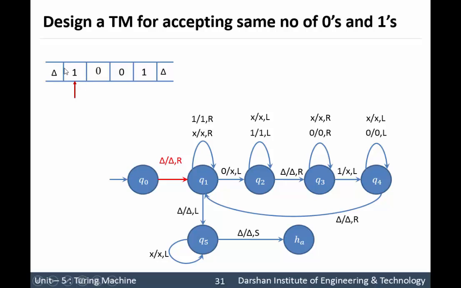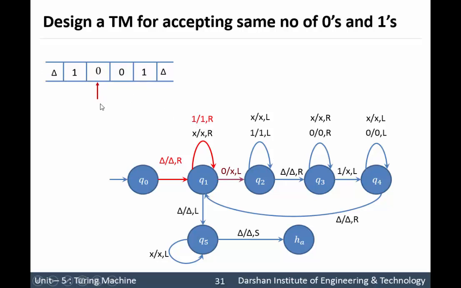In the right direction we have 1, but now we have to find the first leftmost 0. So we have to bypass this 1 and keep moving to the right. So 1 will be replaced with 1 and move to the right direction. In the right direction, finally we encountered our first 0. So according to our logic, we will replace our first leftmost 0 by X and start moving to the left direction.